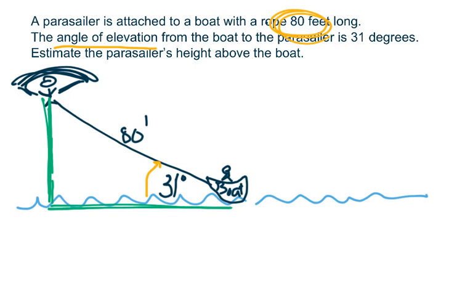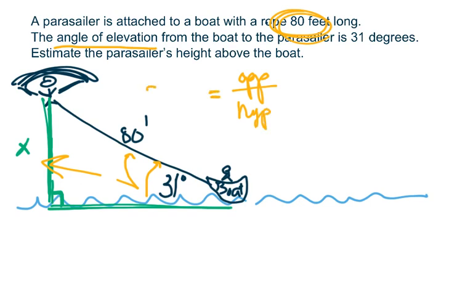So you can see that this is a right triangle, and I'm looking for x over here, or height. So if this is my angle, 31, then we're talking about the opposite side over the hypotenuse, and that's going to be sine.